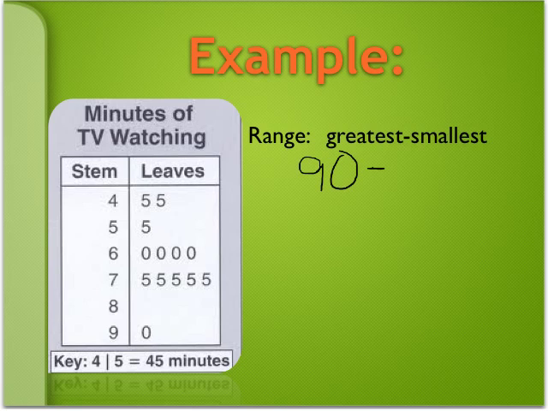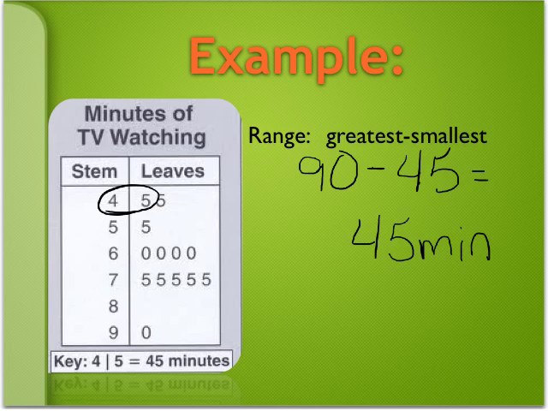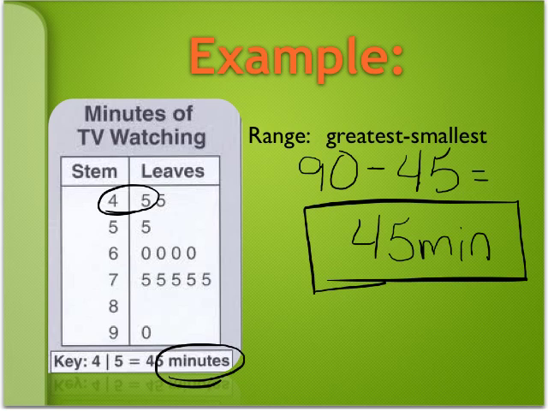And then we're going to subtract our smallest, and our smallest is 45. Go ahead and subtract that. 90 minus 45 equals 45. So our range is 45 minutes because our key tells us it's in minutes. And that's the answer.